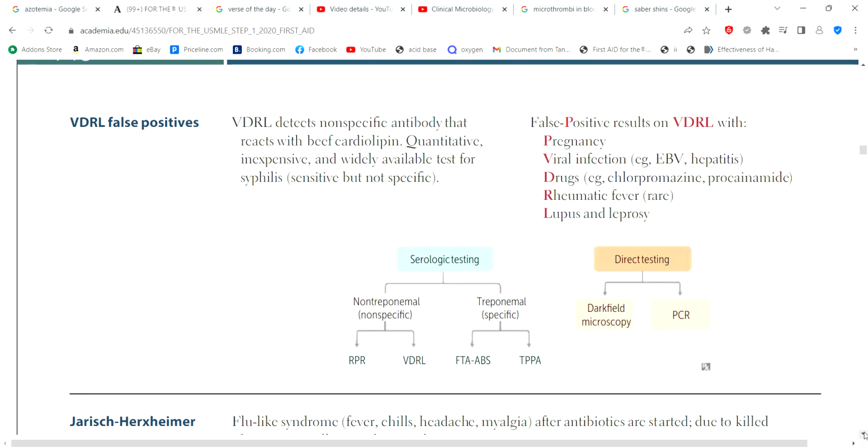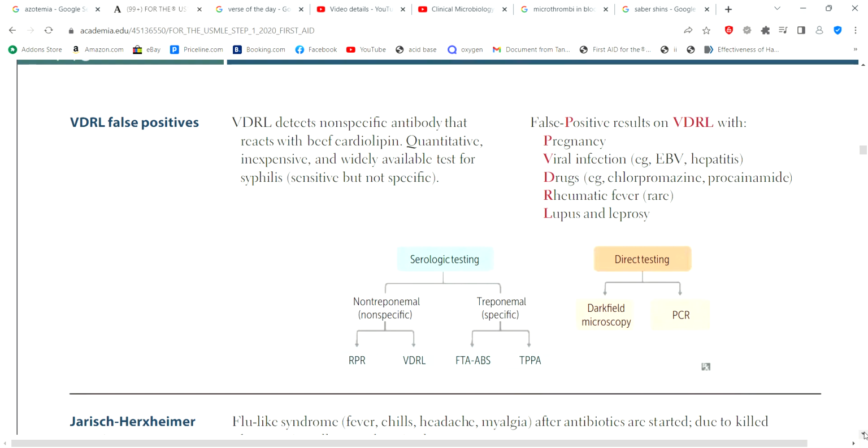Sensitive but not specific. False positive results on VDRL occur with pregnancy, viral infection, drugs, rheumatic fever, lupus, and leprosy.